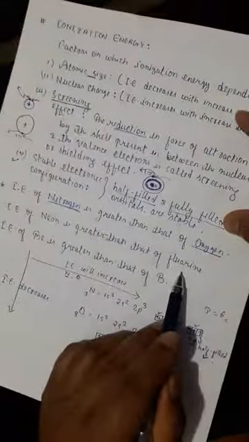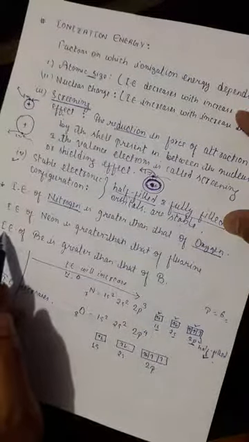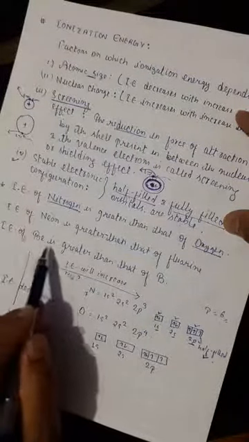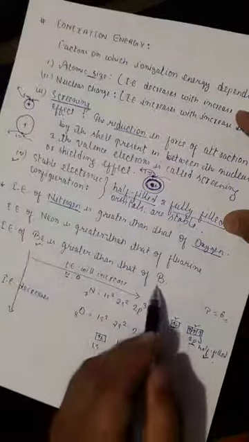Now in your book you have that the ionization energy of neon is greater than that of fluorine. The explanation is given in the book. Please refer to the book. Similarly, for this third point, that the ionization energy of beryllium is greater than that of boron, here also we can have the same explanation.